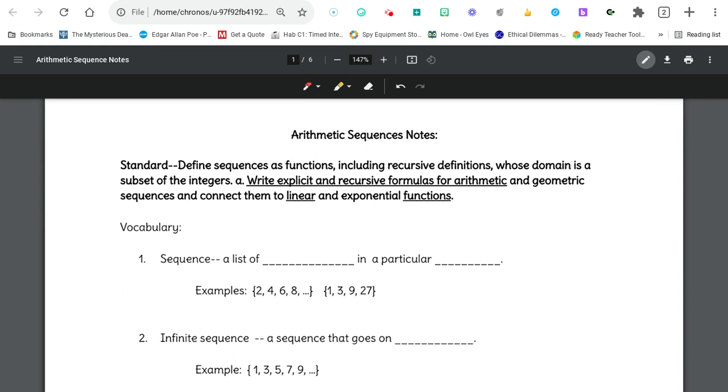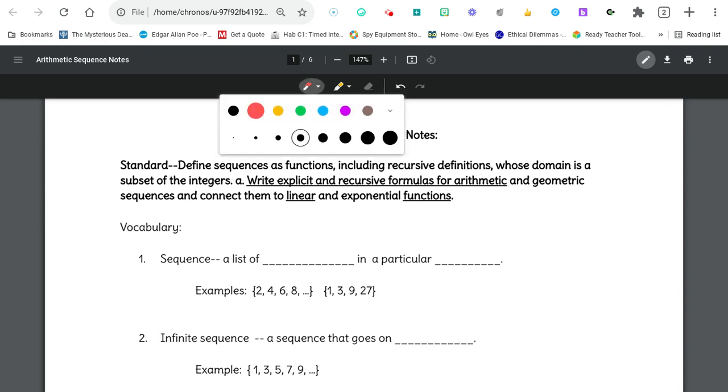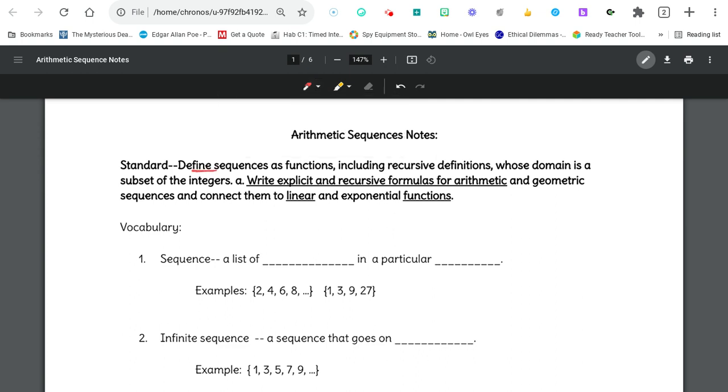So the standard we want to discuss is defining sequences as functions, and we'll talk about that toward the end, including recursive and what we call explicit. So what we want to do is write explicit and recursive formulas for arithmetic sequences. Some people say arithmetic. It's the same thing.